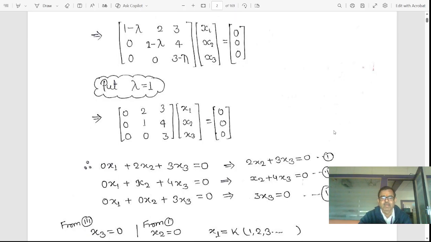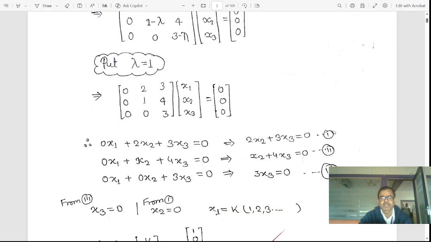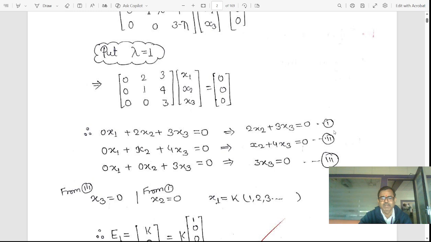Now here we multiply and combine the equations, so 0x1, 0x2 plus 3x3 equal to 0. Here we get the value of x3, that means x3 equal to 0. Putting this value of x3 in equation 1, we get x1 equal to k, x2 equal to 0.